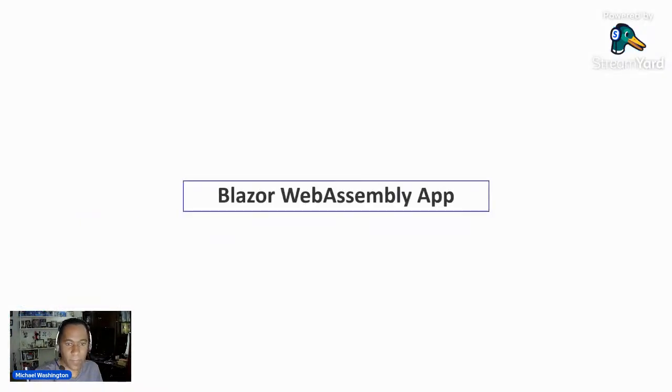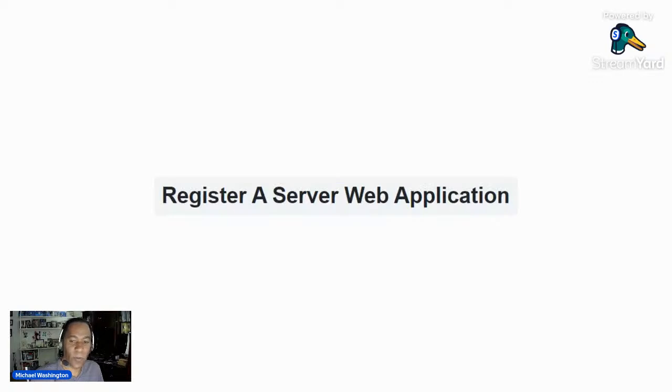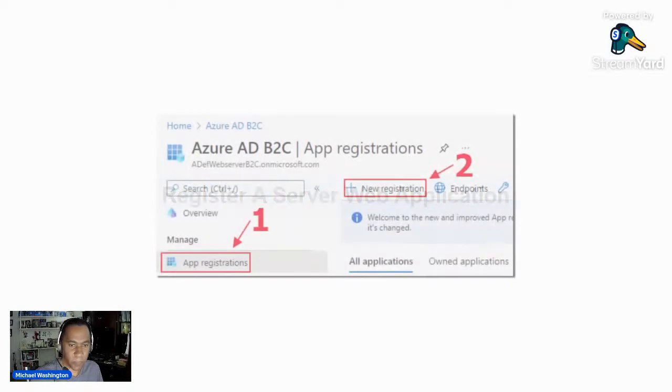Okay, so we're now going to cover the steps you would take if you're creating a Blazor WebAssembly app. In this case, we have to create two new registrations.